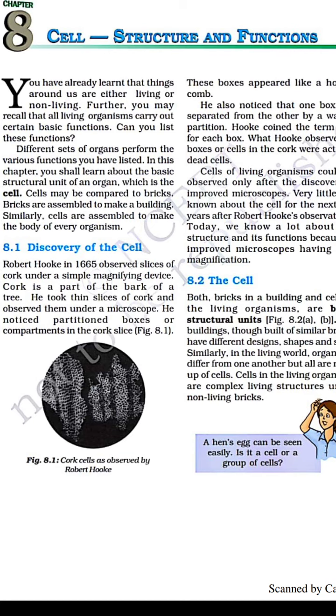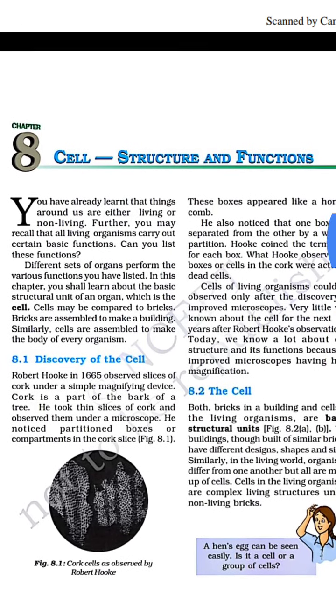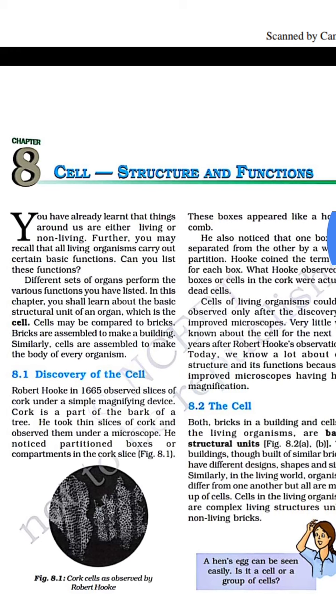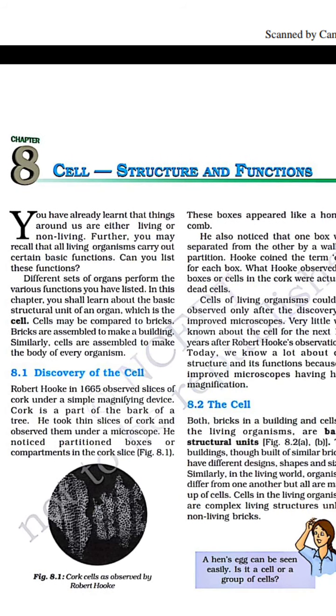He named it cork and coined the small compartments in the cork as cells. The cell structures of living organisms are complex, unlike bricks. The cells found in living structures are of different sizes and shapes. In the next session we will be learning about the different sizes and shapes of cells, as well as the functions and the parts present inside the cell.